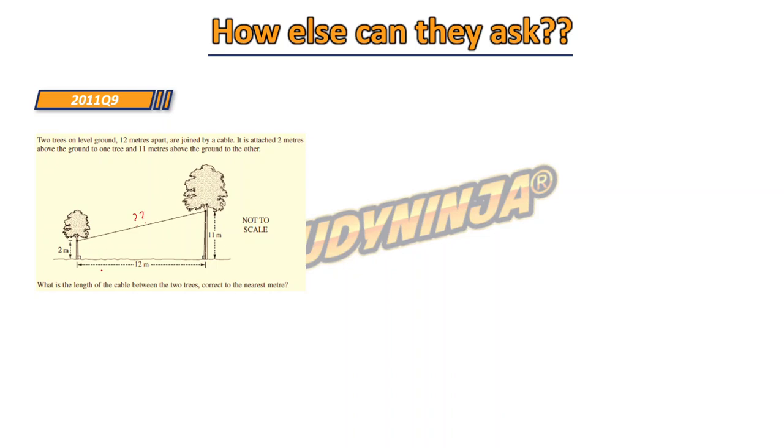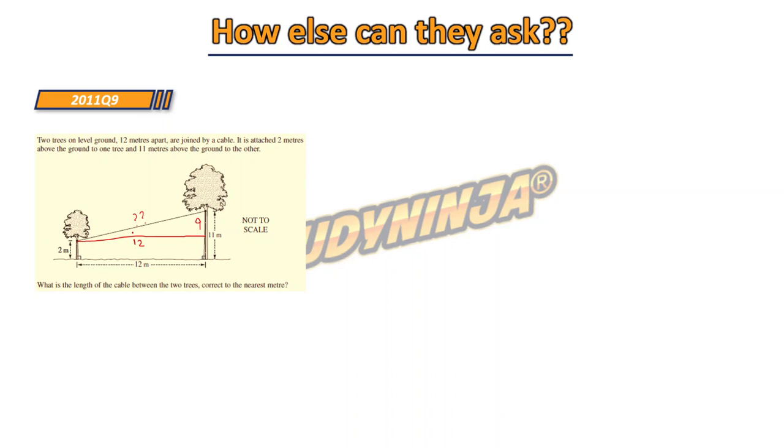So essentially, if I bring this here and make it a triangle, it doesn't look like a triangle at first, but if I draw a line from here to here in a straight line, then this is a triangle. I know this is 12, I know this is 2, then the remaining length would be 11 minus 2, which is 9. Then all you need to do is use Pythagoras' theorem to calculate this.